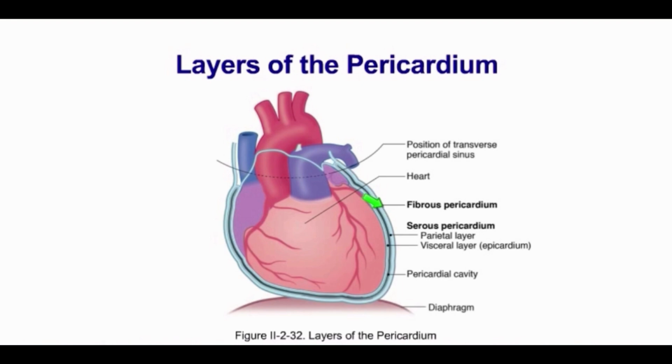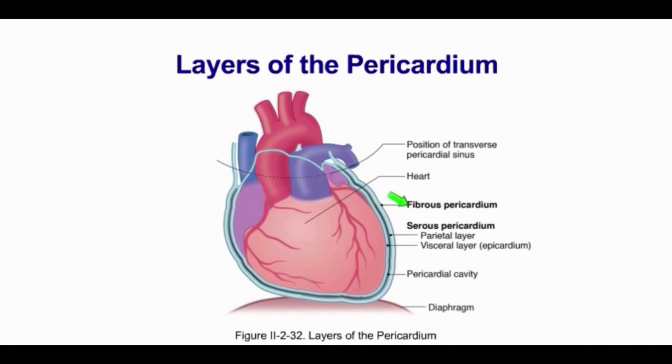So the importance of that is that if you have a rapid accumulation of fluid in the pericardial cavity, such as, for example, bleeding into the pericardial cavity, because the fibrous pericardium will not stretch, the pericardial cavity cannot expand outward to accommodate that increased fluid volume.